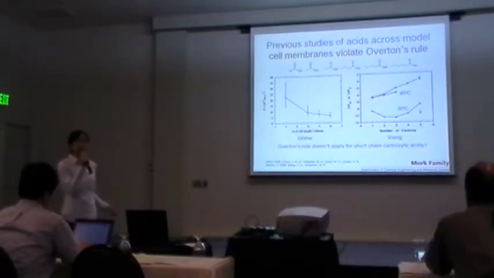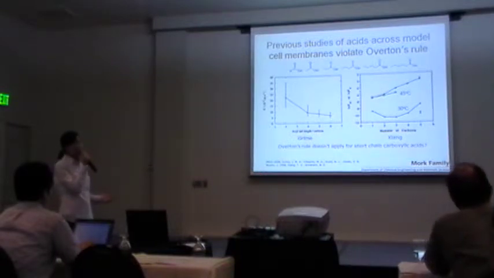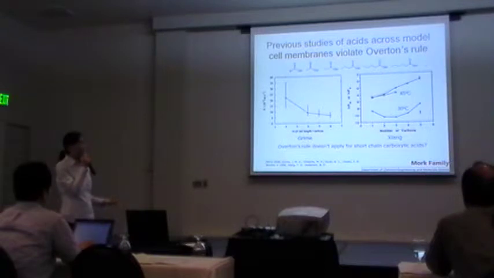But recent research about the passive transport of carboxylic acid through lipid membrane has shown a result contrary to Overton's rule. Here, Grant and co-workers found that as the acyl chain length of carboxylic acid increases, their permeability decreases, which is totally opposite to Overton's rule.